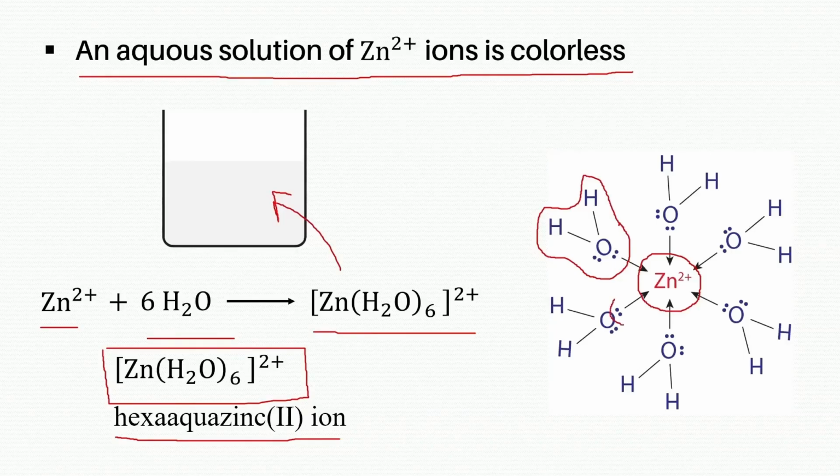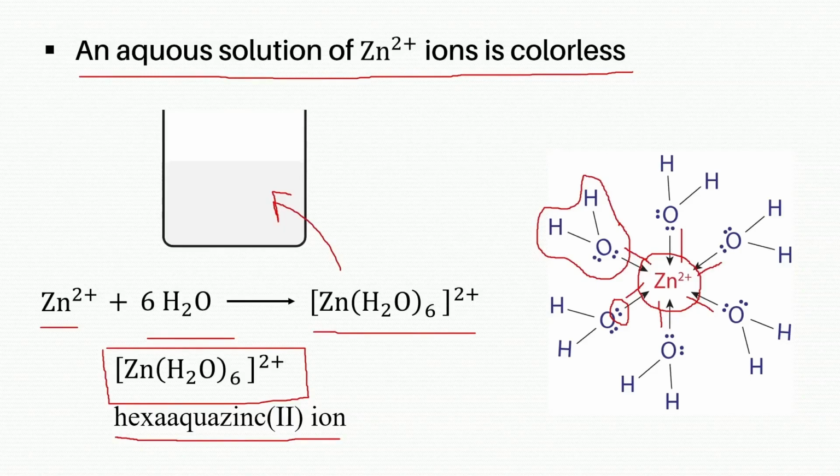This lone pair of electrons can be donated to the empty orbitals of Zn2+ ions by forming dative covalent bonds. You have 6 dative covalent bonds formed between these oxygen atoms and the Zn2+ ion. The shape of this complex is also octahedral.